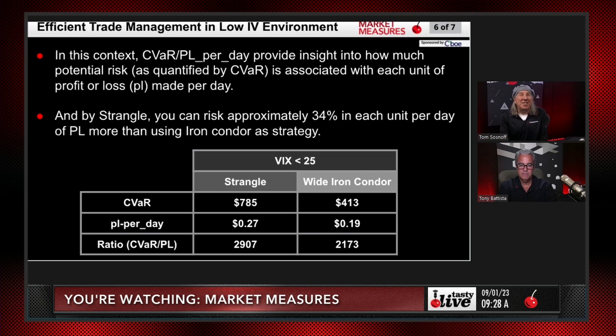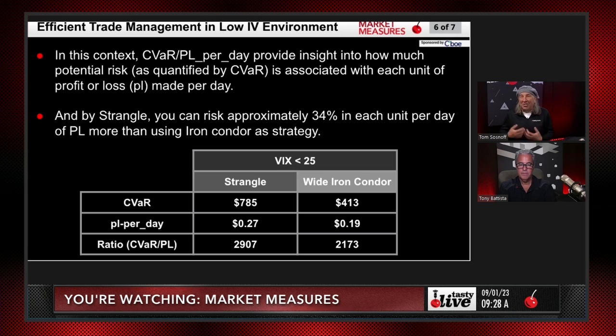So in this context, the CVAR divided by the P&L per day provides insight into how much potential risk, as quantified by CVAR, is associated with each unit of profit and loss made each day. And you can risk approximately 34% more per unit per day of P&L using an iron condor than a strangle.